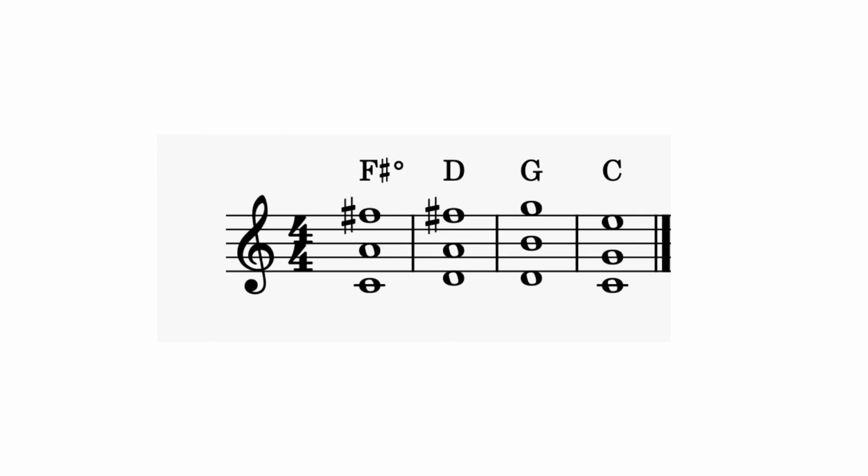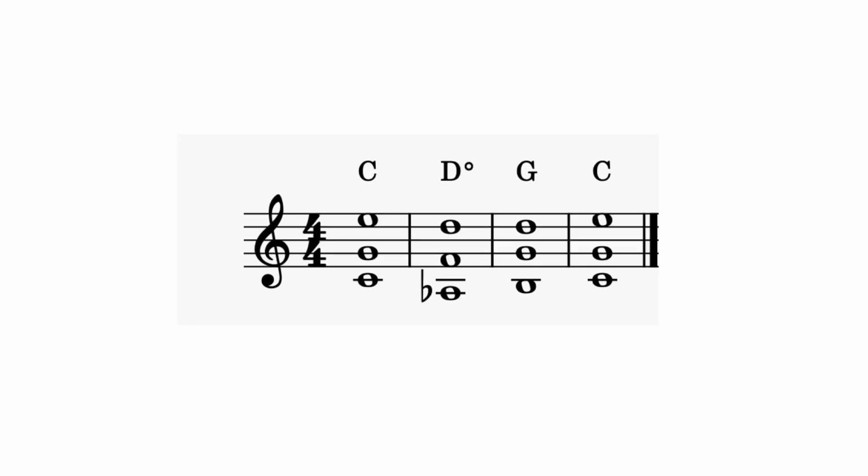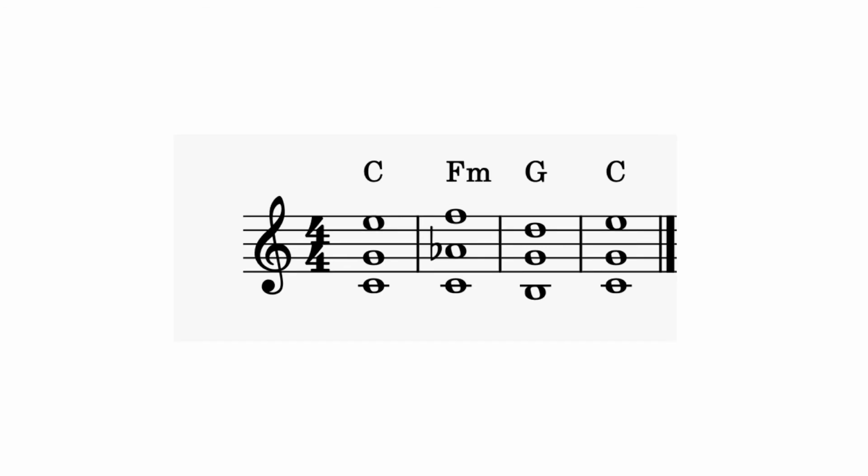And we could add a B minor where that D major is. Or we could go back and now we could substitute for that subdominant a D diminished chord. Or perhaps substituting F minor for that subdominant chord.